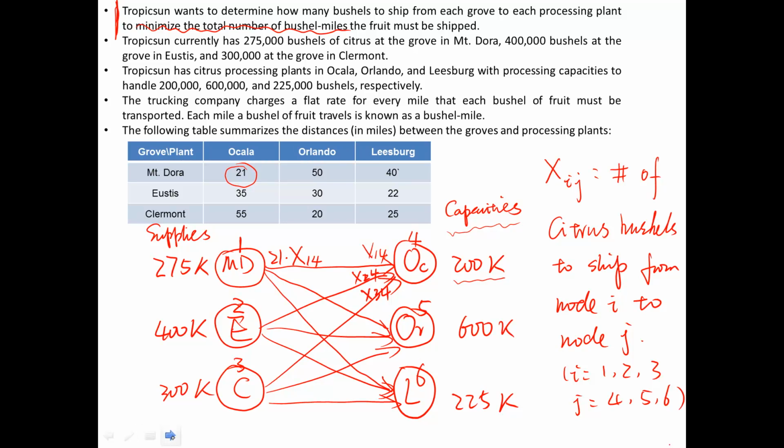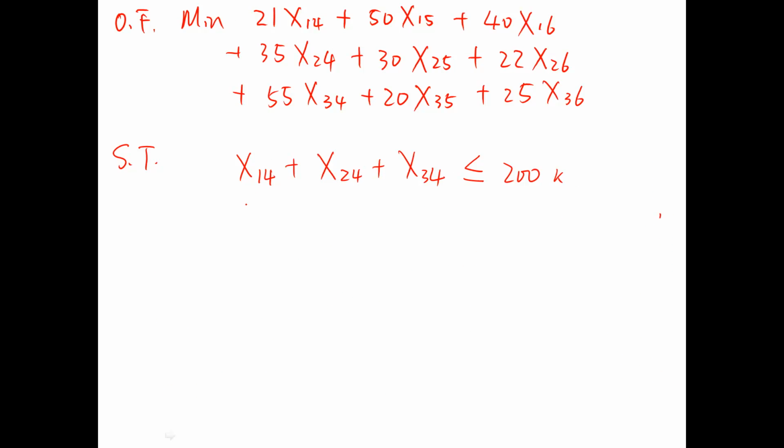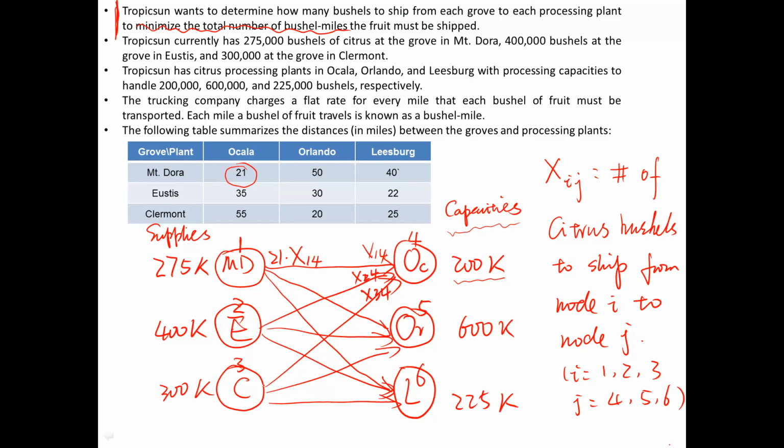Okay, so for Orlando, all the citrus shipped from the 3 groves should not exceed the processing capacity here, which is 600,000.